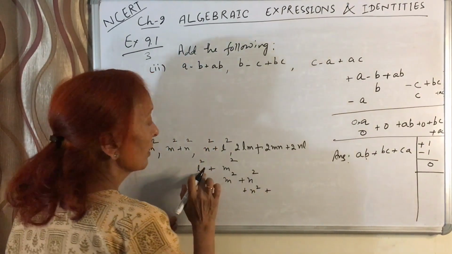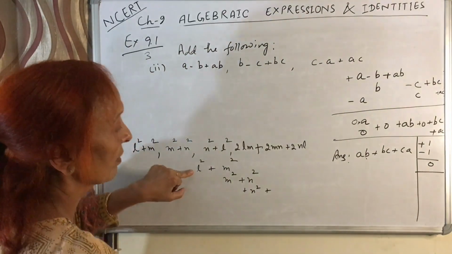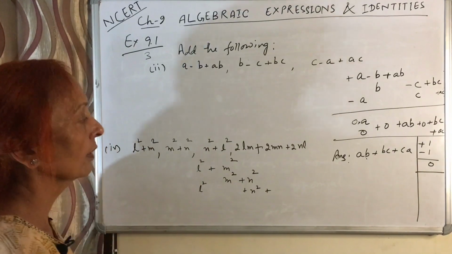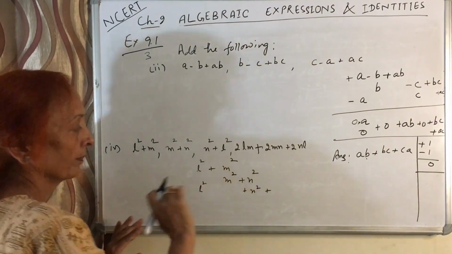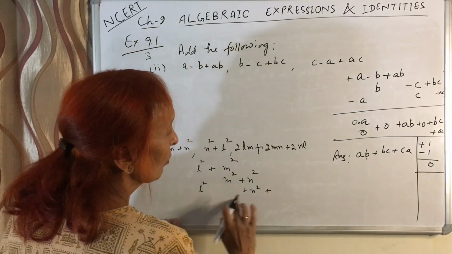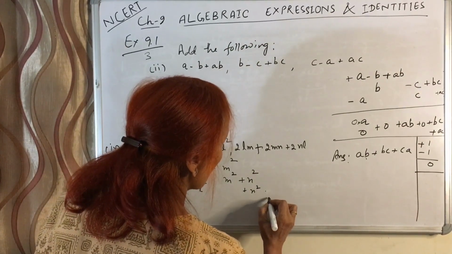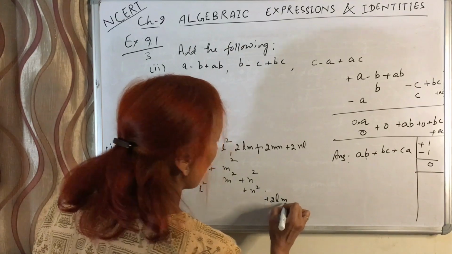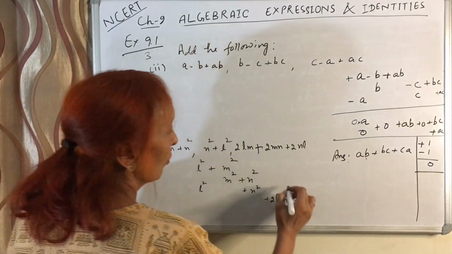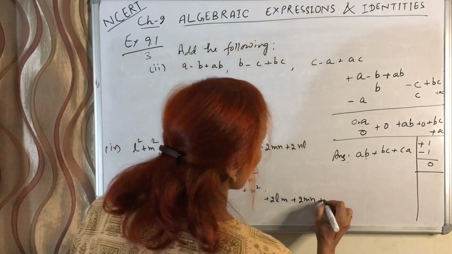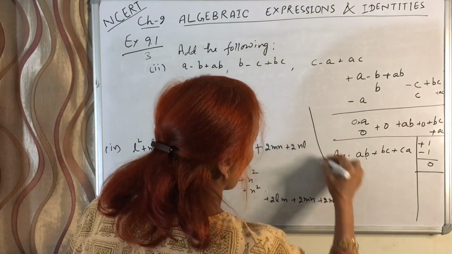No L square here, there is L square in first term, so L square I will write below this. Correct? Then 2lm. No lm here, so lm will come here. Correct? 2mn, no mn, so 2mn I will write here. 2nl also not there, so like this.